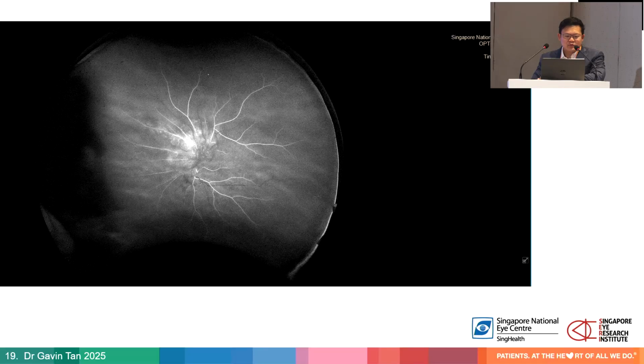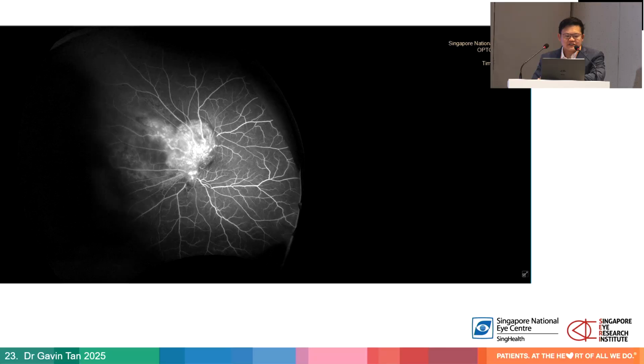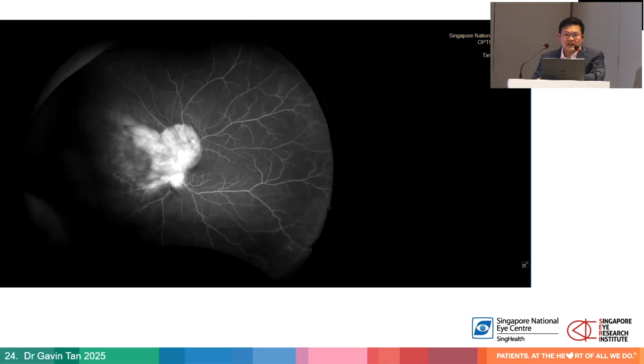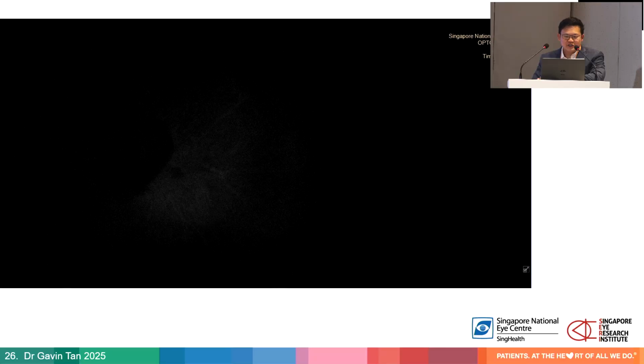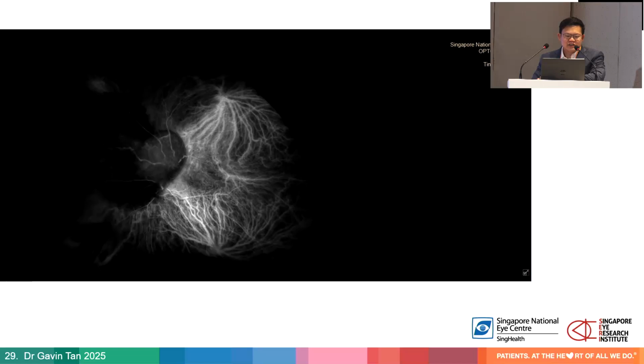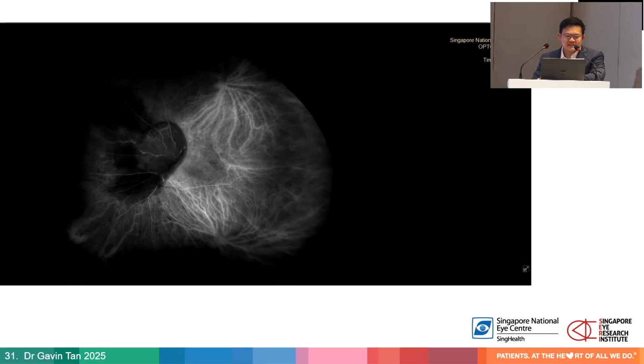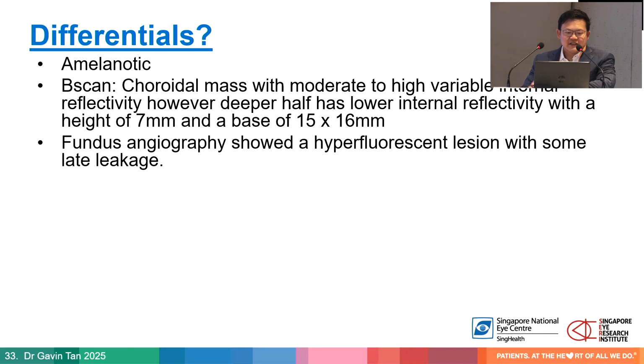And the angiogram showed hyperfluorescence with a large amount of late leakage. The ICG showed some vascularity, but did not have an appearance that suggested this was either inflammatory or a choroidal hemangioma in origin. So I think very often in atypical choroidal tumors, we think of whether it's melanotic or amelanotic.